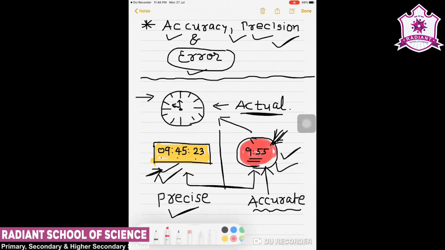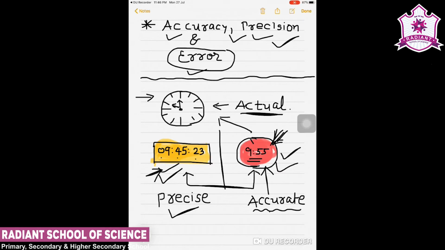and therefore it has more precision, but this clock is more accurate. So here we have more accuracy with this red color, while we have more precision with this yellow color.